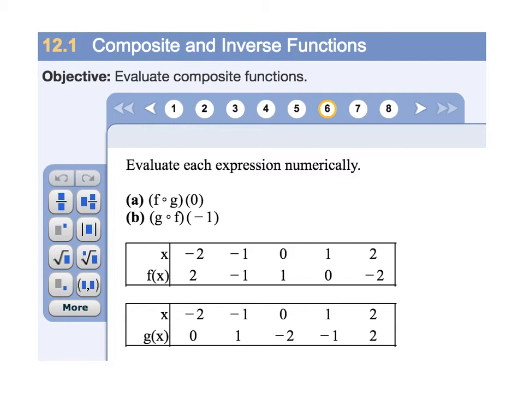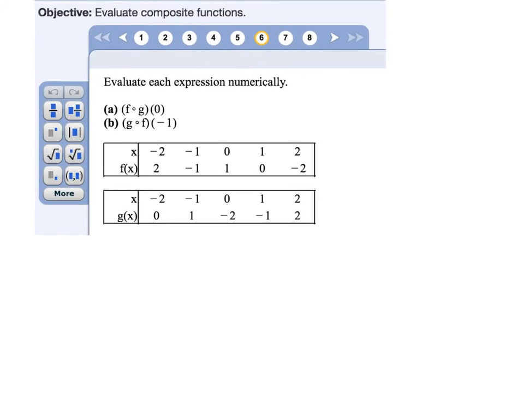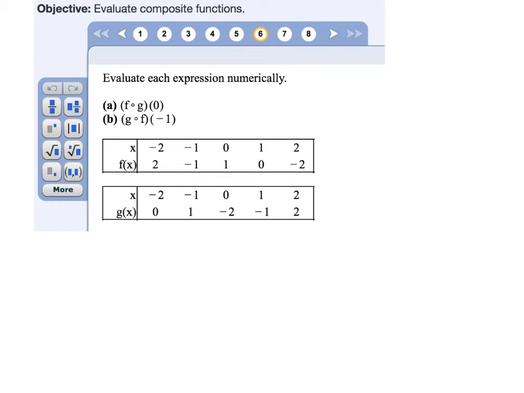Okay, so this is cool because this table means they've kind of done the math for us. So there are fewer calculations for us to do, and that might make some of you happy. We've got your f of x table and your g of x table. When we look at f of g of 0, that means take 0 and put it into g.